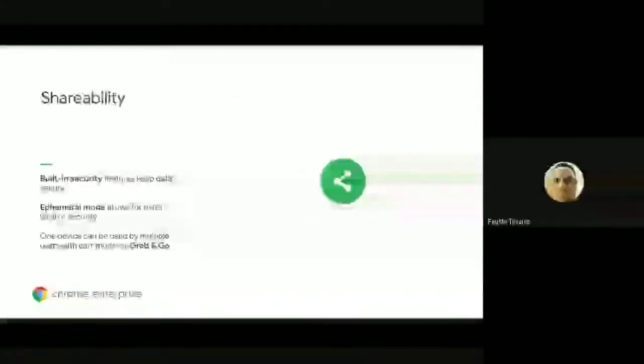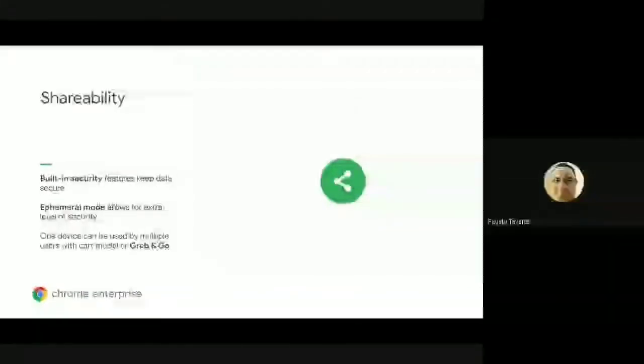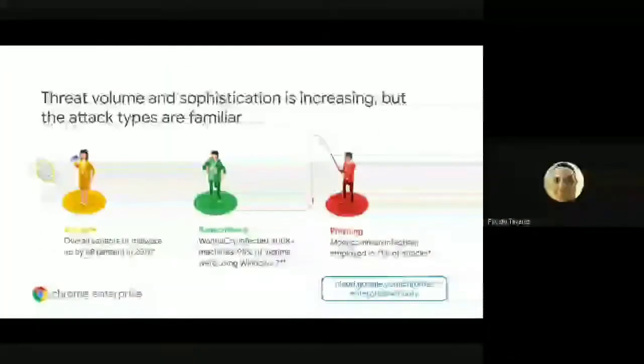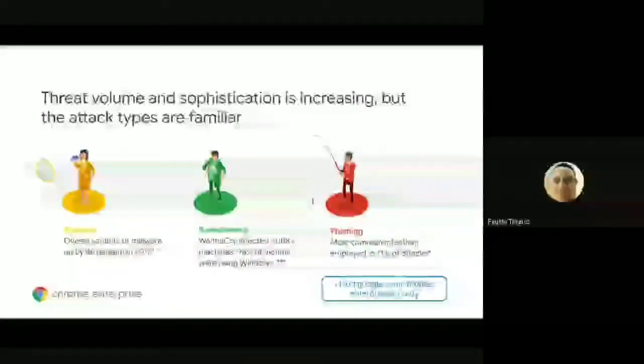With a grab and go program or cart model in general, you're able to get these folks up and running in less than 10 minutes. And then at the end of the day, when they're done, they come back and return it and everything is cool. You don't have to worry about files being saved on that desktop that were lost or anything like that, because everything gets saved to the cloud, everything will follow you wherever you go. So when you log back in on a new machine that they give you, you're going to have all your stuff in there.